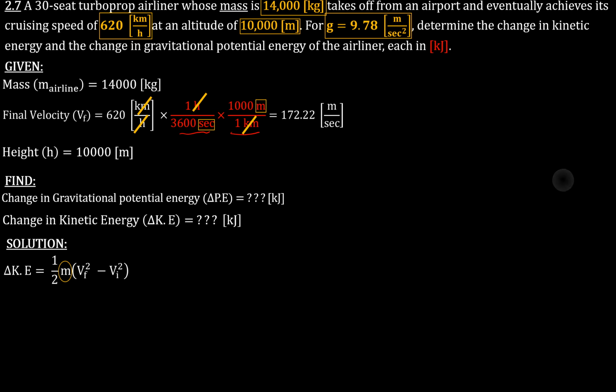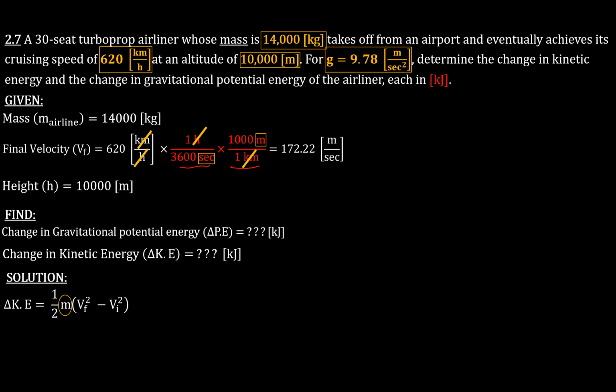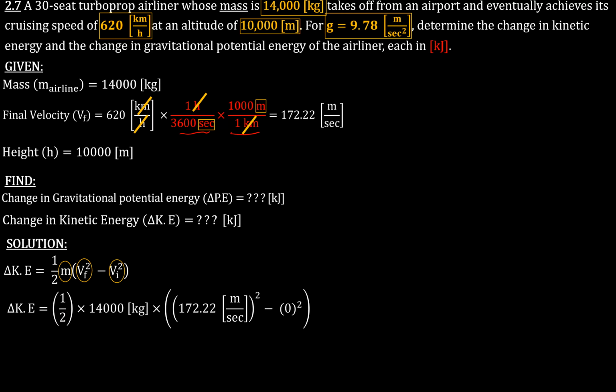The mass is given, and the final velocity is given to us, which we converted from kilometers per hour to meters per second. The initial velocity is also given to us, since in the problem we are told it takes off from an airport. So it starts at rest, and then starts to take off. So the initial velocity here is 0.